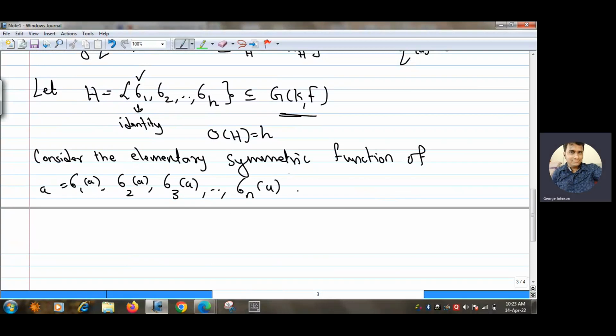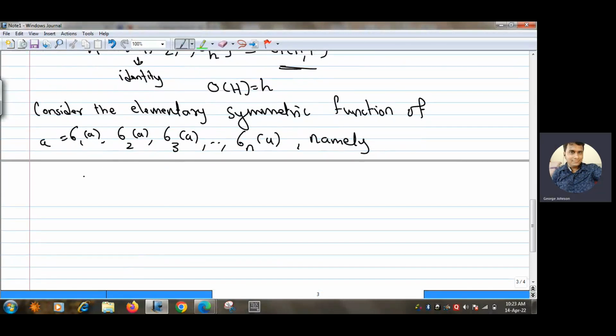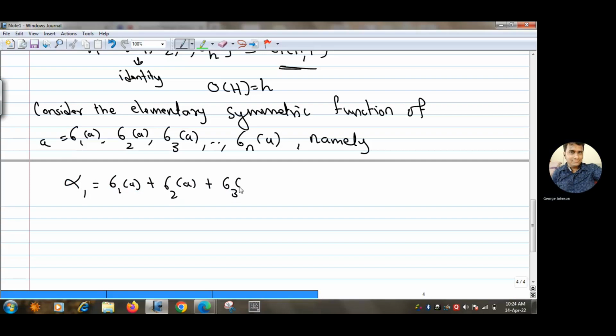We know how elementary symmetric functions are defined. This is the elementary symmetric function not of x1, x2 up to xn, but of sigma 1(A), sigma 2(A), sigma 3(A) up to sigma h(A). Let us call the first one alpha 1, which is nothing but the addition of all of these. We have already seen elementary symmetric functions in this unit.